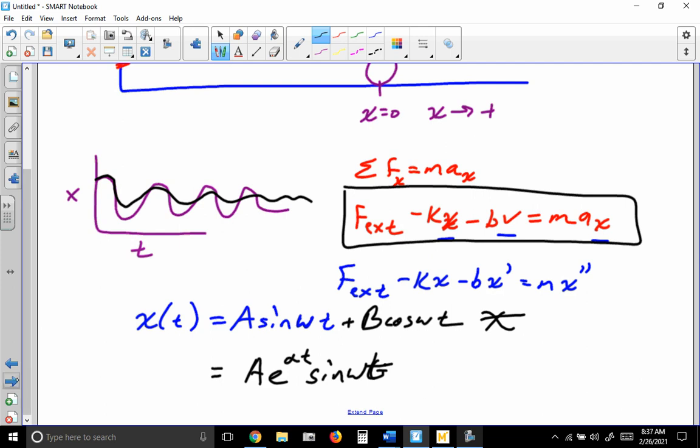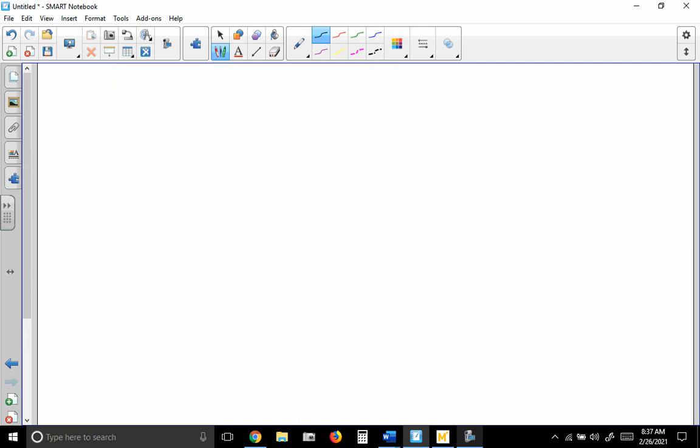So the first couple problems that they give us in homework, they get us to verify whether something is a solution or not. So, for example, they give us y equals sine of 6t plus 3 cosine of 6t.